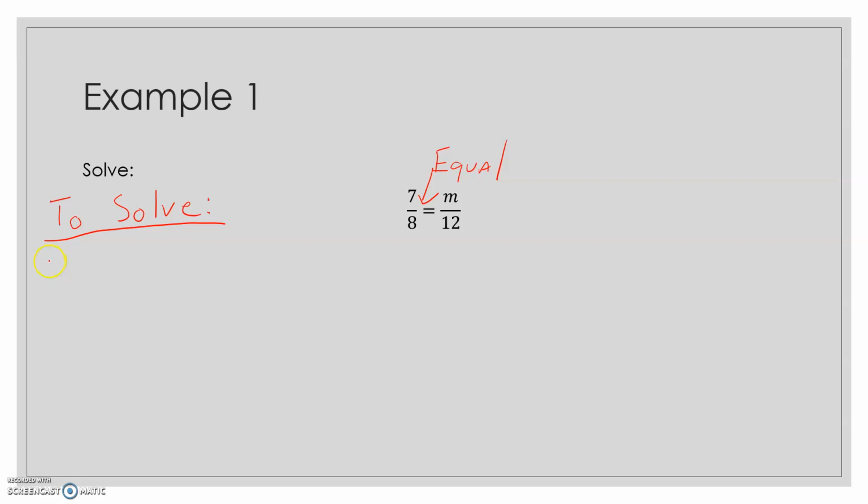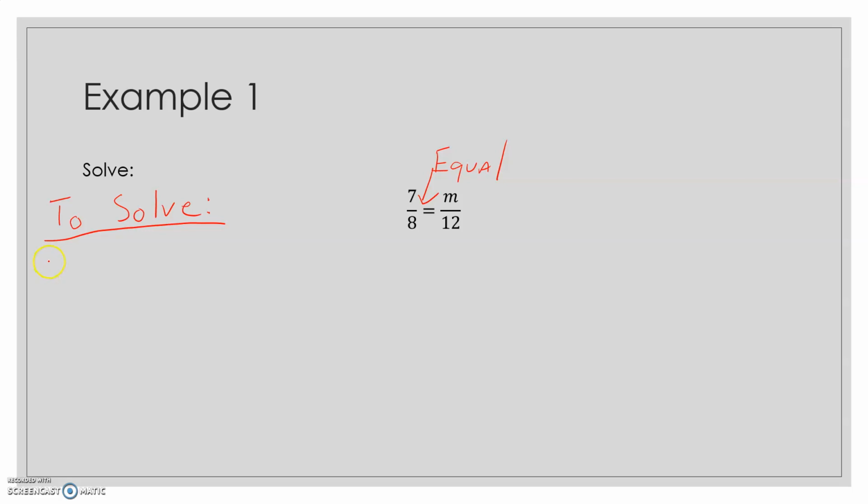Other times that's not as easy to do, like in this case, 8 times not a whole number gives us 12, and so when that's the case, when we don't have an easy way to multiply the top and bottom by the same amount, we can solve proportions in these 3 steps every single time.